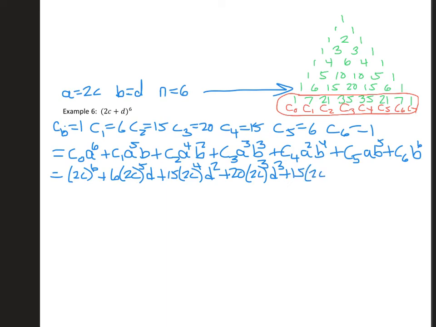So everywhere I see an a, I'm substituting in 2c. And everywhere I see b, I'm substituting in d. And I could just drop the C sub 6 as just 1.